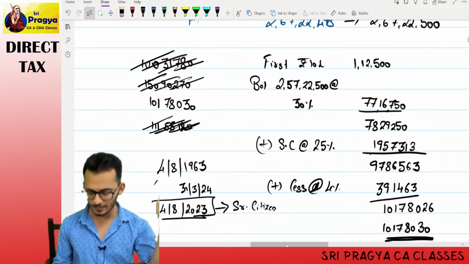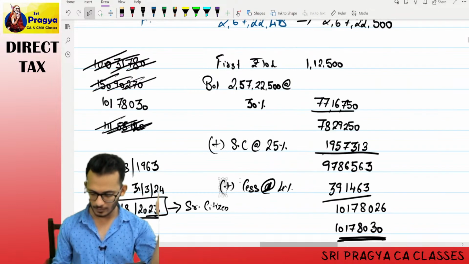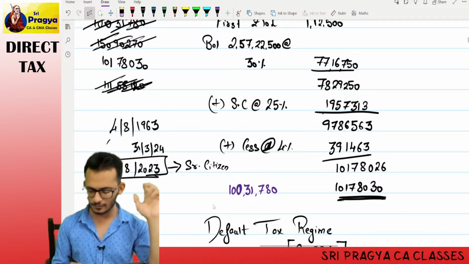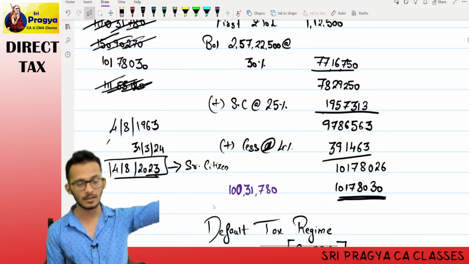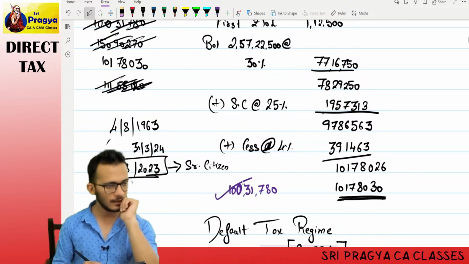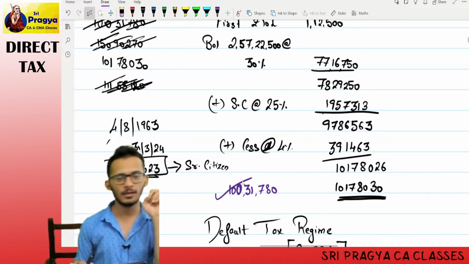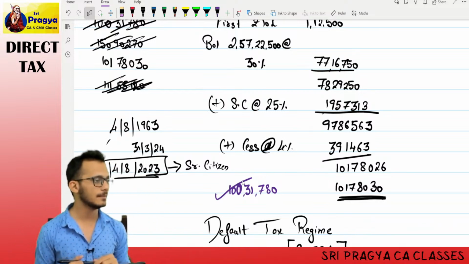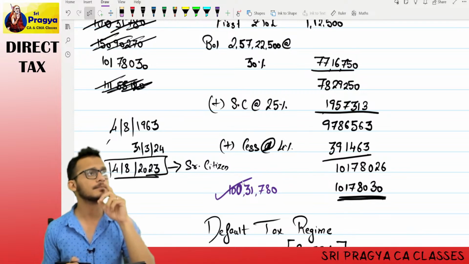The number is 1,00,31,780. So it is 1,01,780 in the alternate regime. It is 1,00,31,780. Therefore, you'll again opt for the default regime. Is that clear? No doubts? Can we proceed?